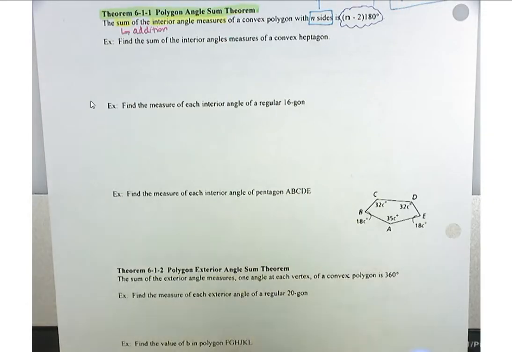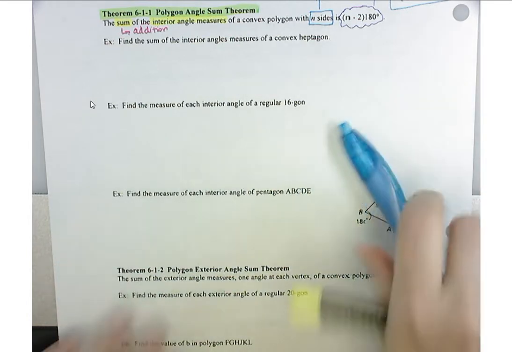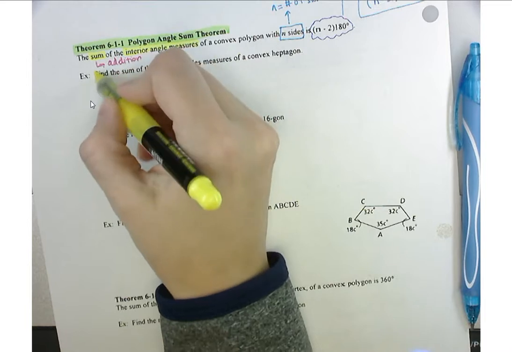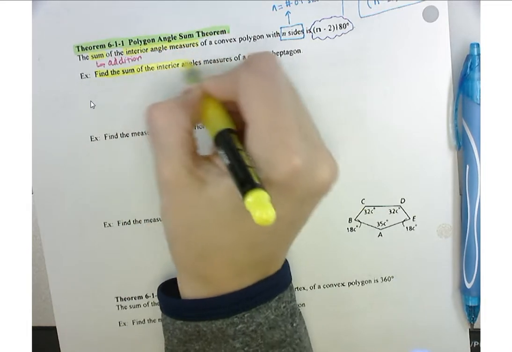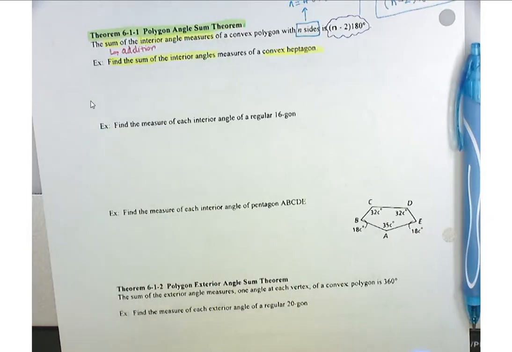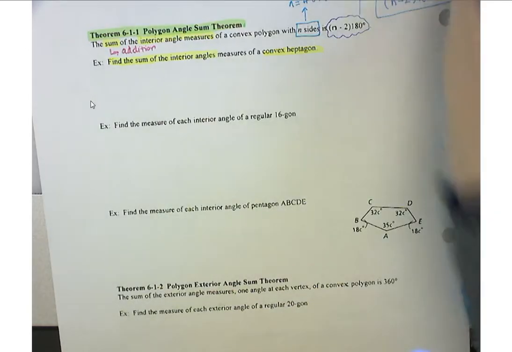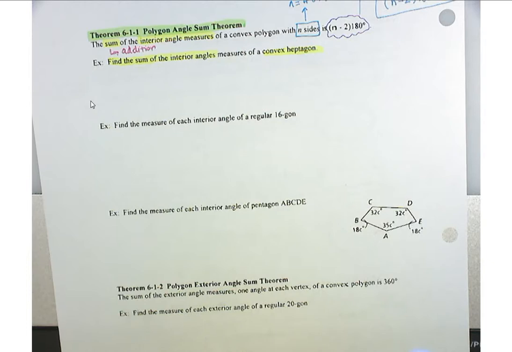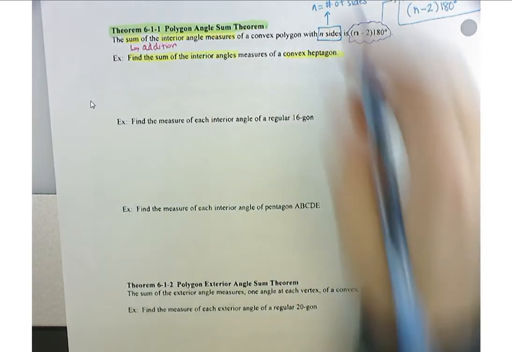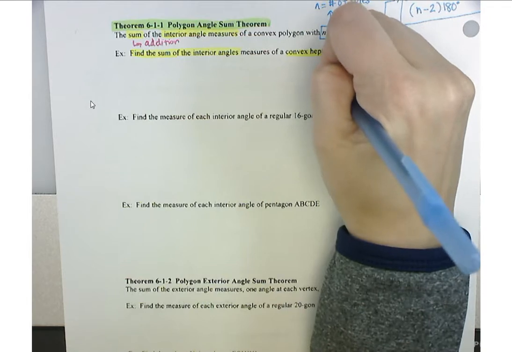So for our first example, find the sum of the interior angles for a convex heptagon. Here's our heptagon again. The first thing I like to identify is what my n value is.